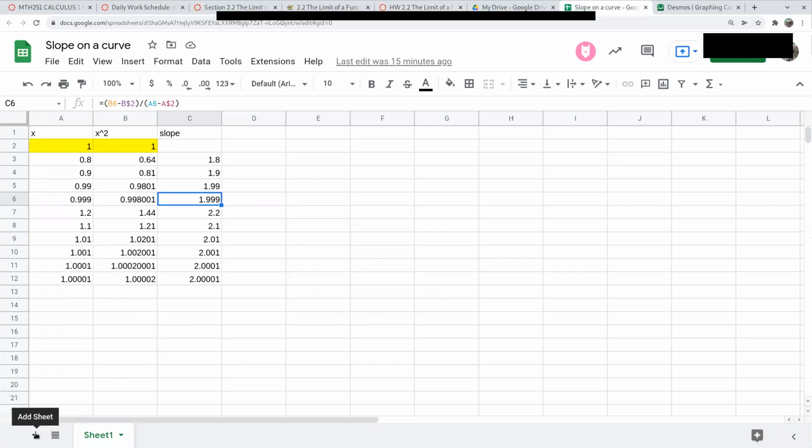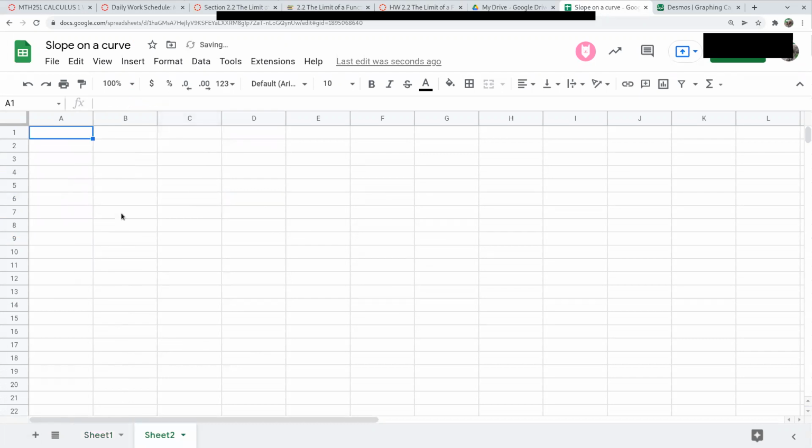Let's add a new one. In this case, I want to keep track of x and my f of x. So I'm just going to write what f of x was. F of x was (x squared minus 25) divided by (x minus 5).